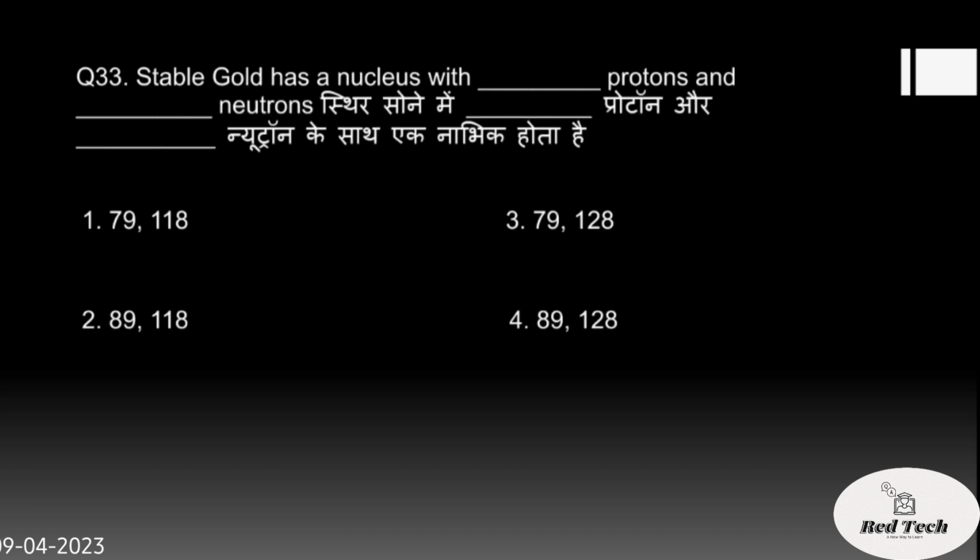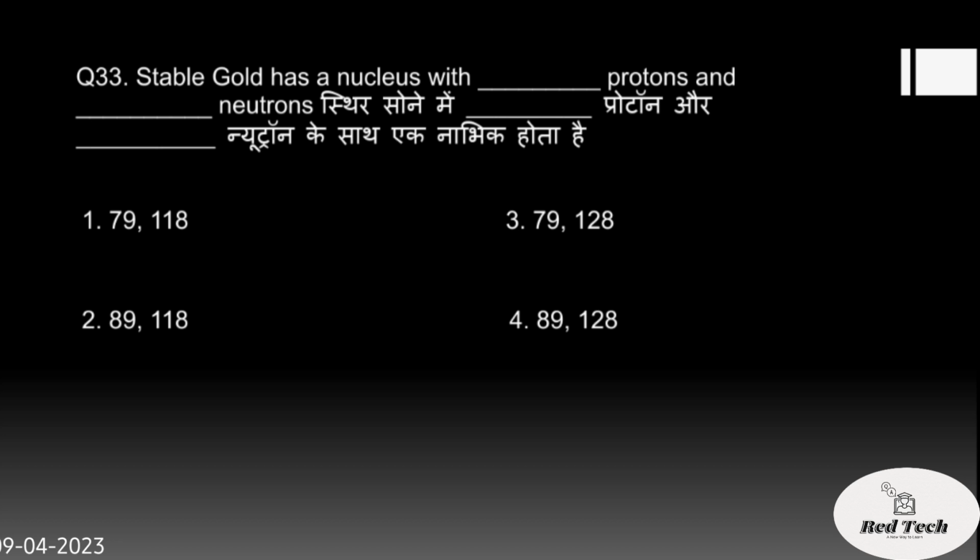Question number 33. Stable gold has a nucleus with number of protons and number of neutrons. So how many protons and neutrons does gold have in its nucleus? Option number 1 is 79 and 118. Option second is 89 and 118. Option 3 is 79 and 128. Option number 4 89 and 128.